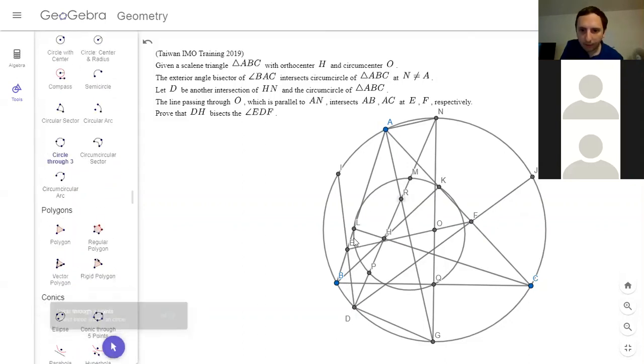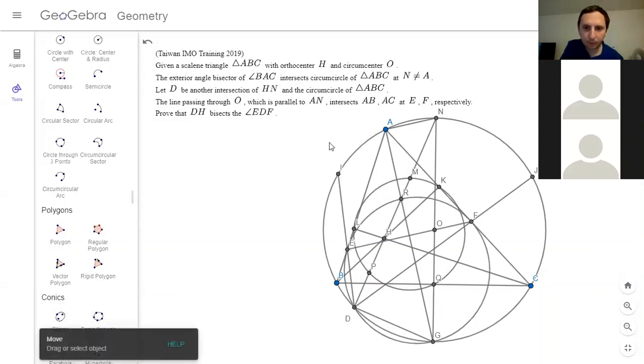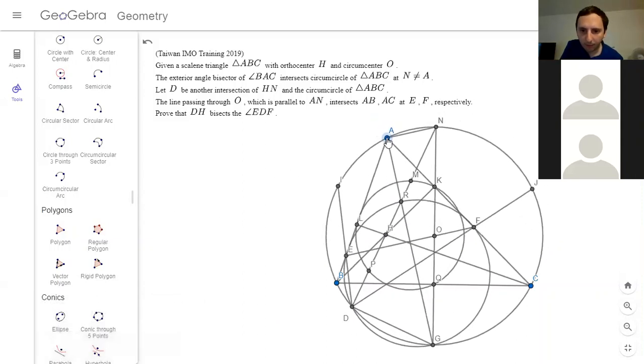We want to show that all these points lie in a circle. Is it obvious that DEFG is cyclic? Would that be an angle chase?